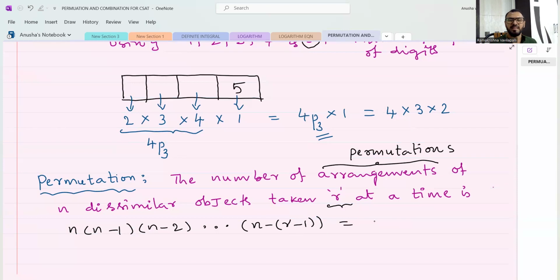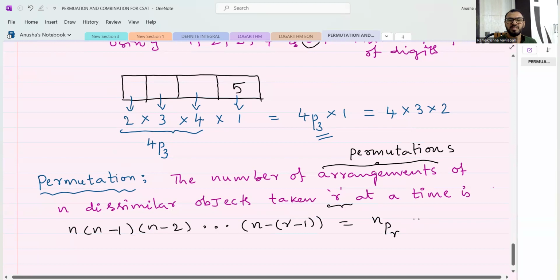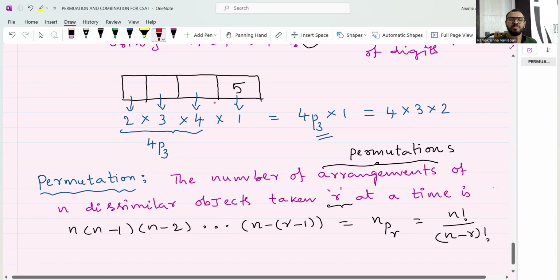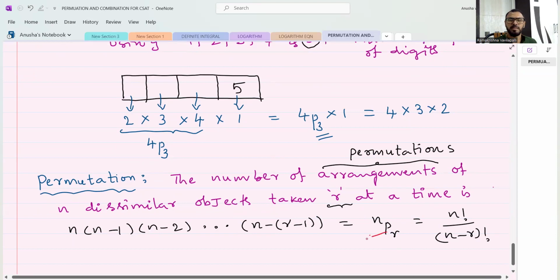This we write as nPr. This is n factorial by n minus r factorial. Here P stands for permutation.